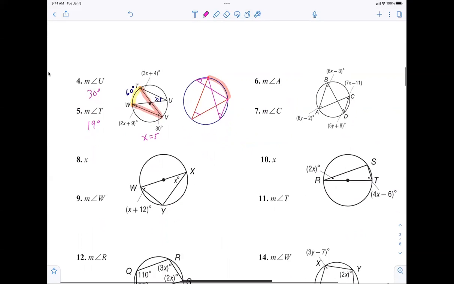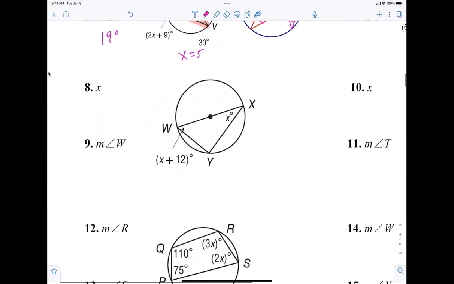So you can do 6 and 7 by yourself. So let's check out 8 and 9. What is the obvious measure of angle Y? 90. Why? Because it's an inscribed angle whose endpoints are on the diameter, right?